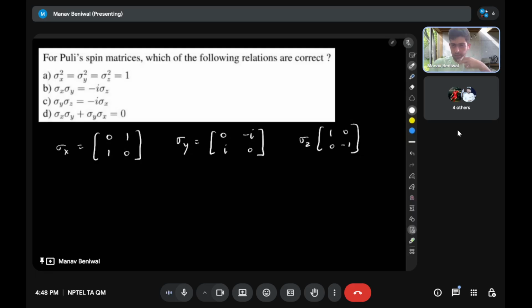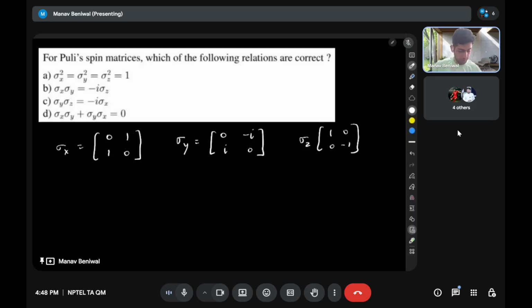In case you have not come across these, don't worry. This problem does not require understanding what they mean physically. We can still solve this problem. We just need to know what the Pauli spin matrices are.